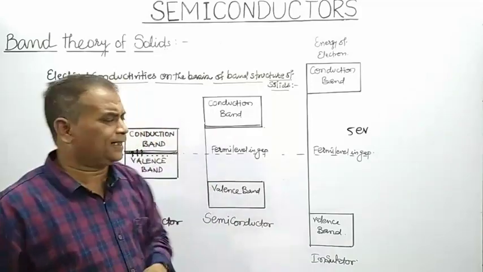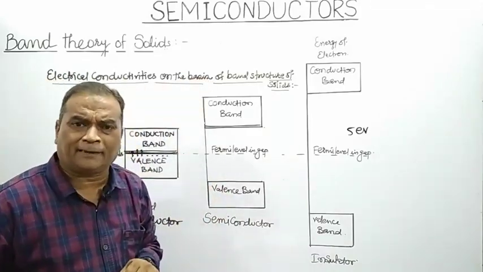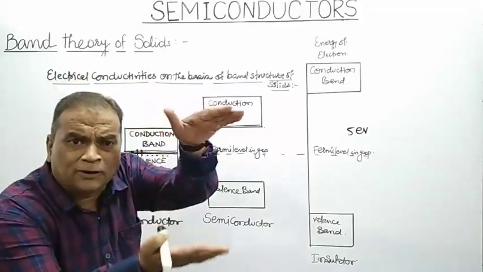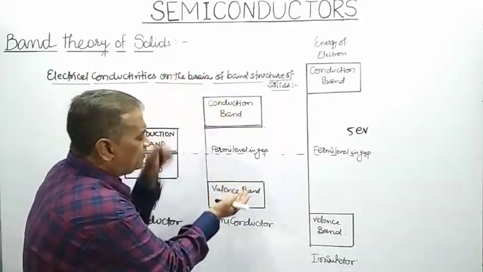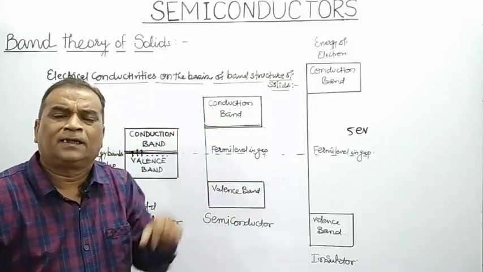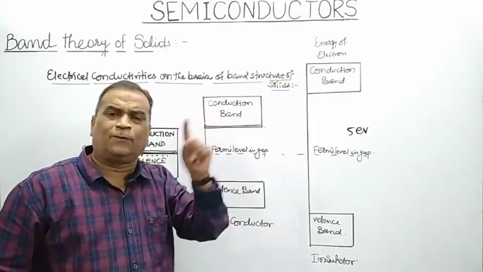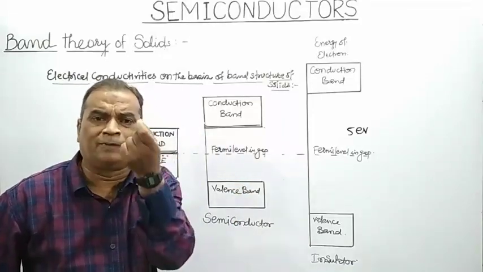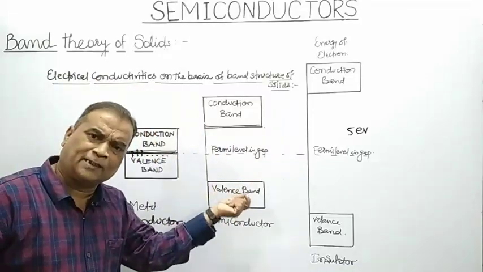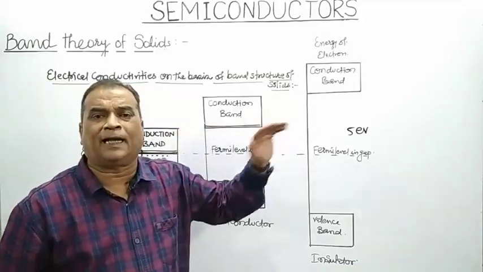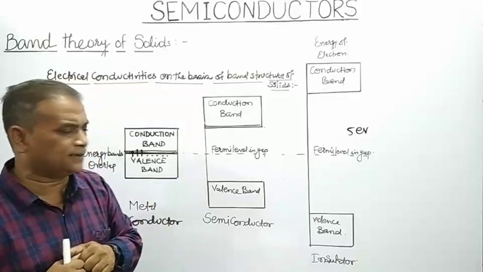In case of a semiconductor, there is a small gap between the valence band and conduction band. But what is the range of that gap? That energy gap is less than 1 electron volt, meaning when electrons in the valence band gain an energy less than 1 electron volt, they can reach the energy level in the conduction band and are made available for conduction of electricity.